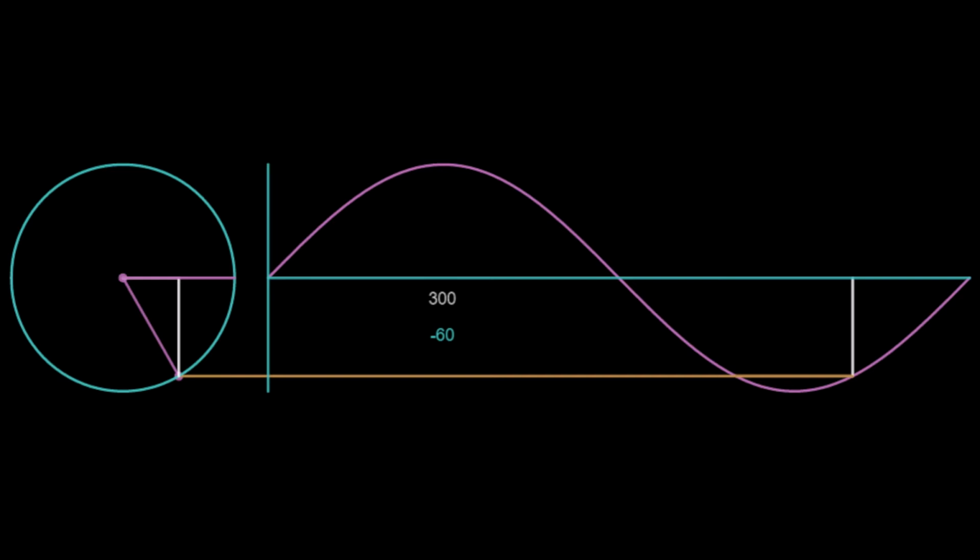Now let's compare the height of the angle 360 minus 60 and the angle of 60, which is this height here. So this is 60 degrees here, and this one here is 360 minus 60.